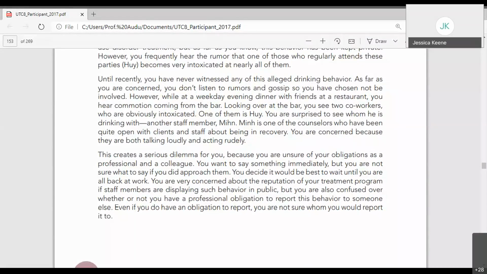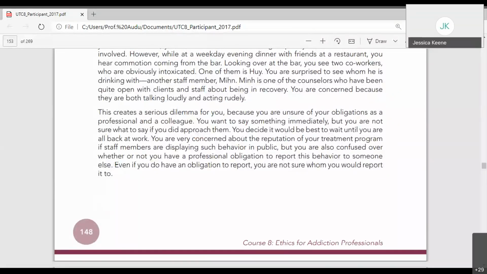Looking over at the bar, you see two co-workers who are obviously intoxicated. One of them is Hart. You are surprised to see whom he is drinking with, another staff member, Maine. Maine is one of the counselors who have been quite open with clients and staff about being in recovery. You are concerned because they are both talking loudly and acting rudely.